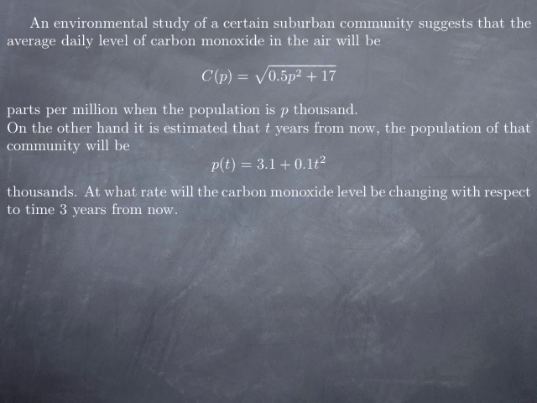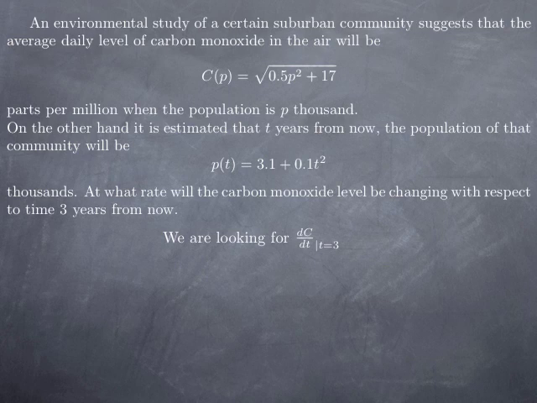And we want to know at what rate the carbon monoxide level will be changing with respect to time 3 years from now. In other words, we want the rate of change of the level of carbon monoxide with respect to time t, that is, we're looking for dc over dt, the derivative of c as a function of t, and we want the value of this function when t is 3.